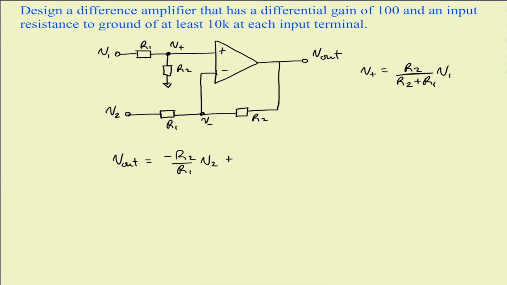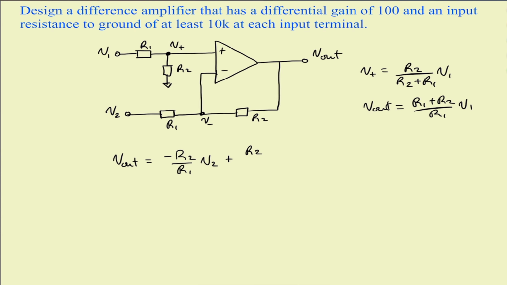For a non-inverting case, we know that the output voltage will equal R1 plus R2 all over R1 times V1. Here we can see that V1 should be attenuated by our expression here. If we include that in this expression, we then get R2 over R1.